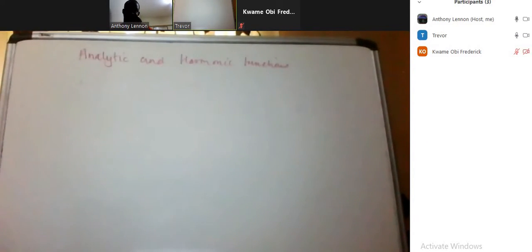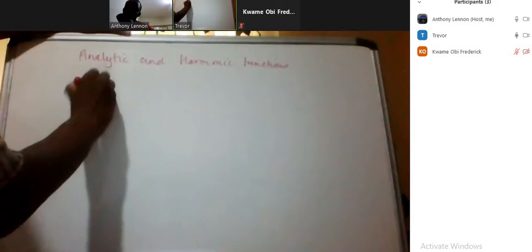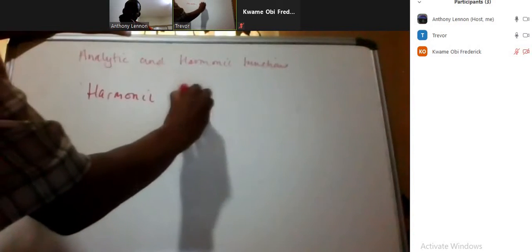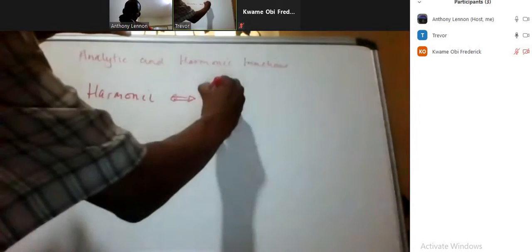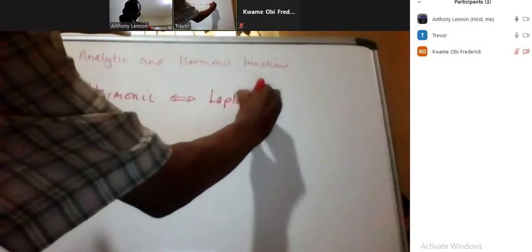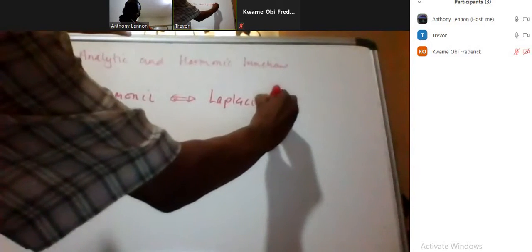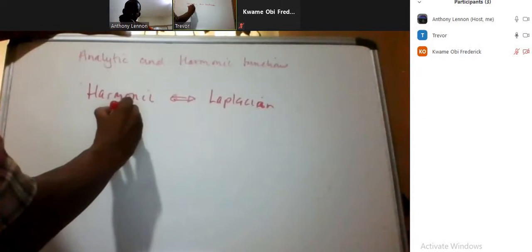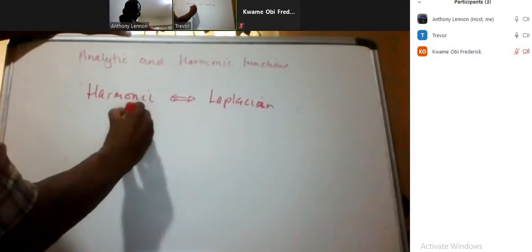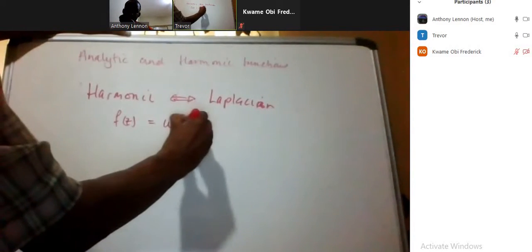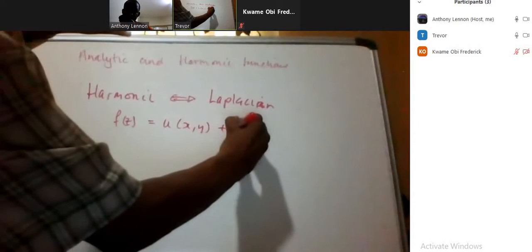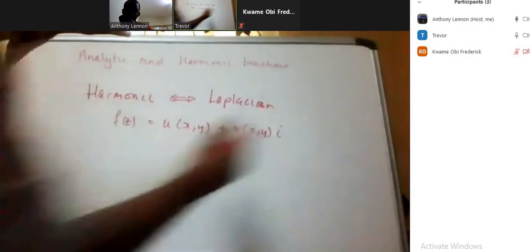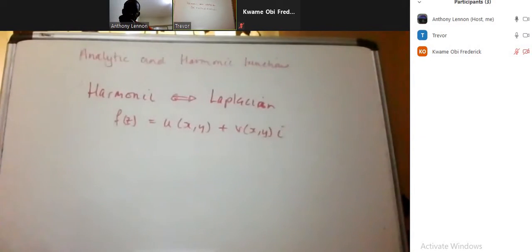All right, so harmonic implies and is implied by Laplacian. And that means if your function is f of z is equal to u of x and y plus v of x and y, these are the output functions.